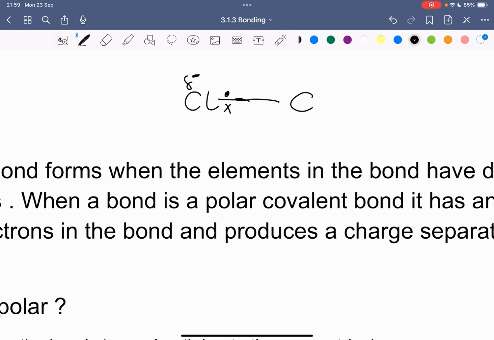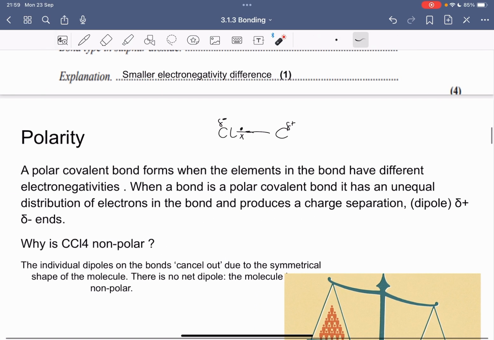But because it's got more negativity, it's slightly negative. And since the carbon is giving away these electrons a little bit more, there are fewer electrons to it compared to the chlorine, so it's slightly positive. Polarity basically just refers to the different polarities in the molecule.